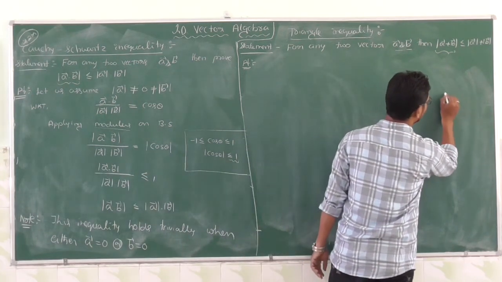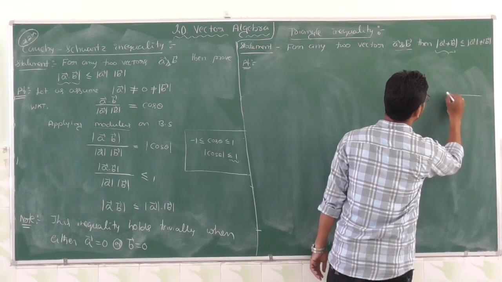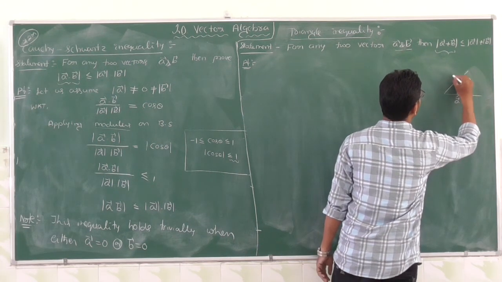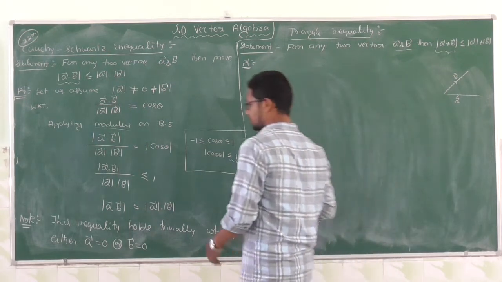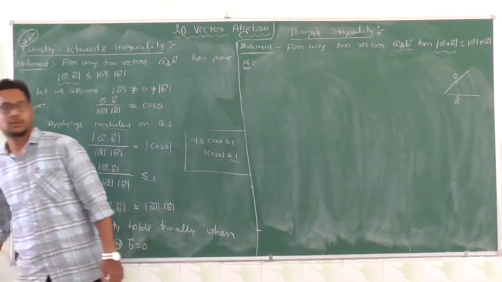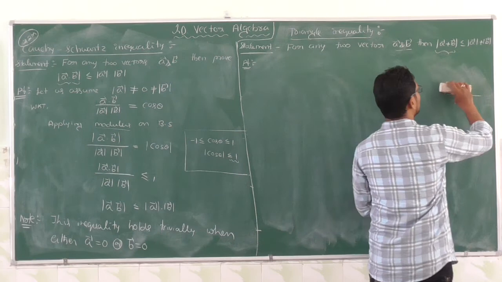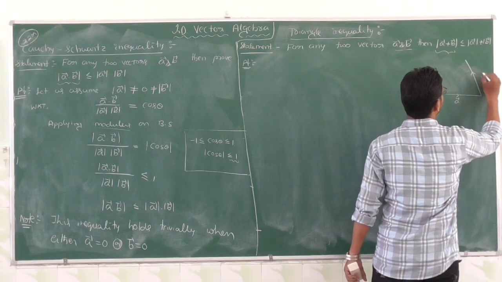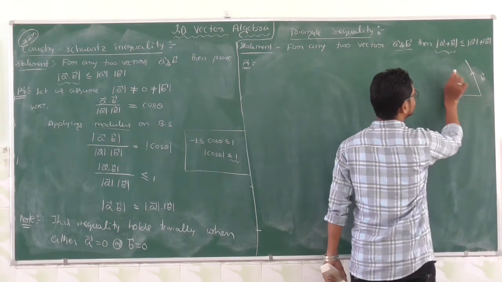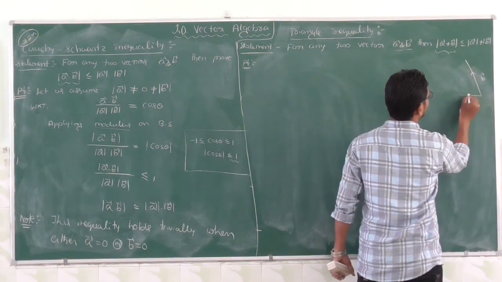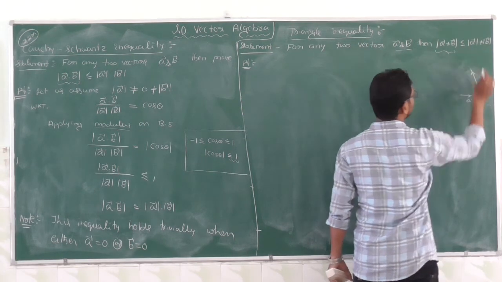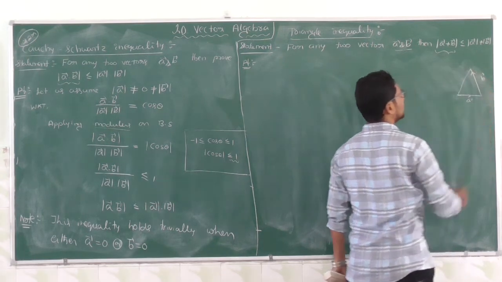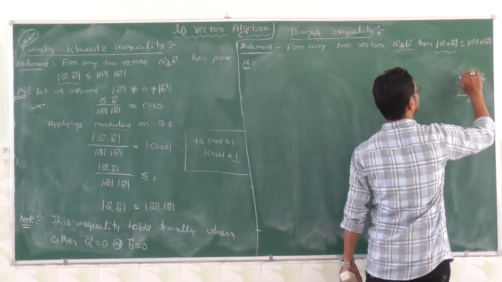We have already proved this. It is a vector A, and it is a vector B. It is the resultant vector, that is A vector plus B vector.